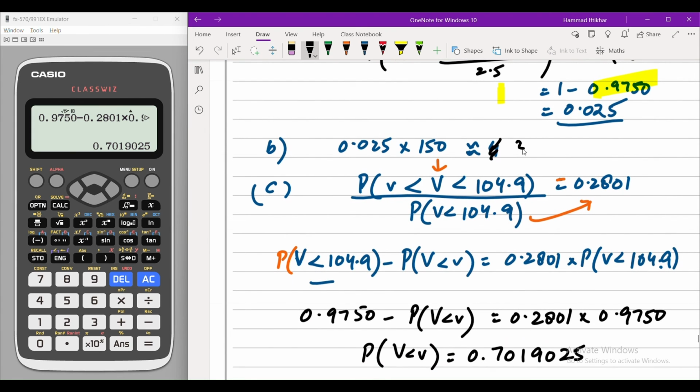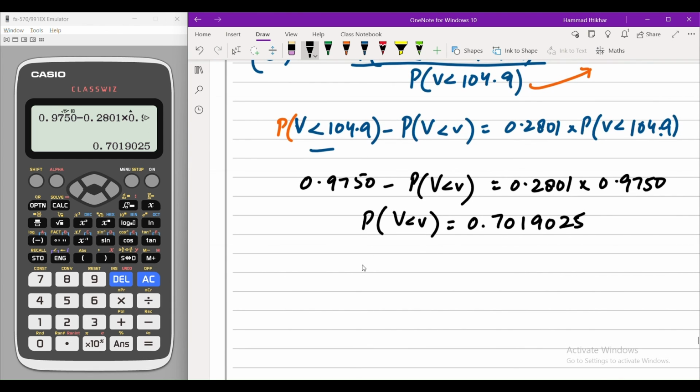First off, let's keep this 3.75. Right. So when we standardize this, this would be equal to Z less than (v minus 100) divided by 2.5 equals 0.701925.